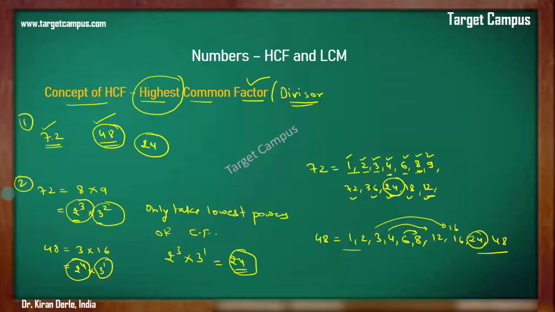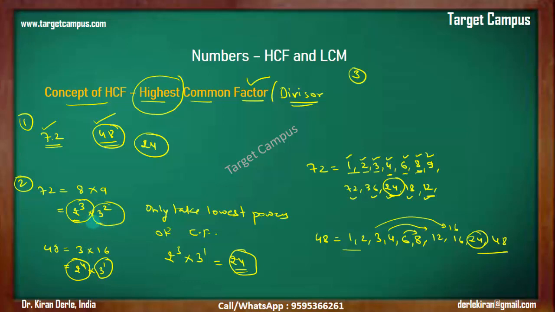This is method 2, using prime factorization. There is a third method called division, but this is widely used in other examples apart from HCF and LCM. Hope you are also noting the difference between LCM and HCF.